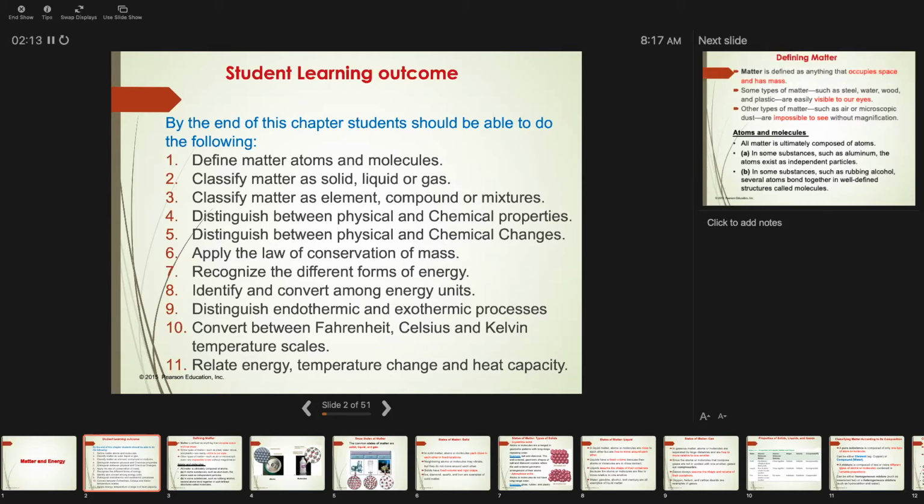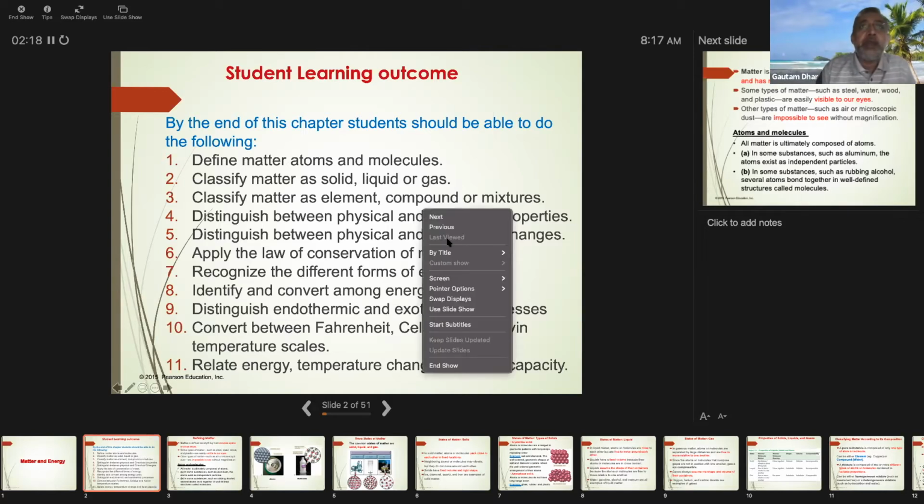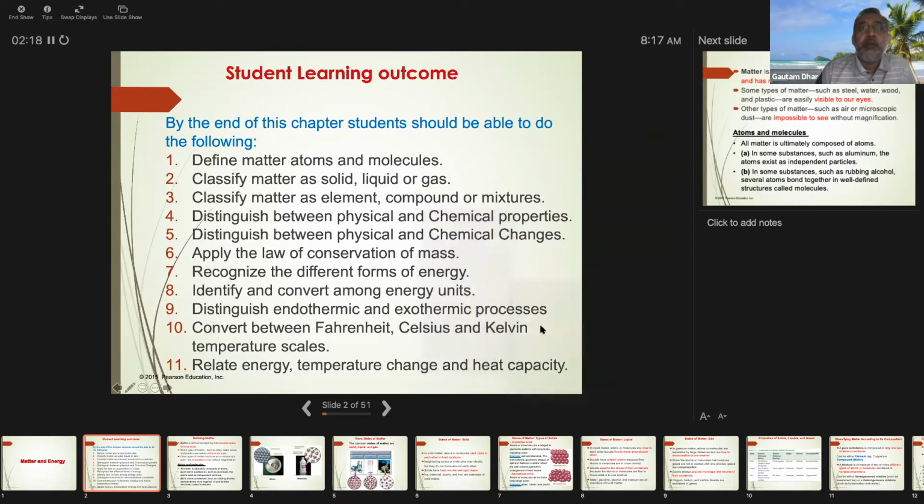Then all matter has some properties, and we can divide them into physical and chemical properties. In this chapter, we'll look at what the basic physical and chemical properties are and how you define them.